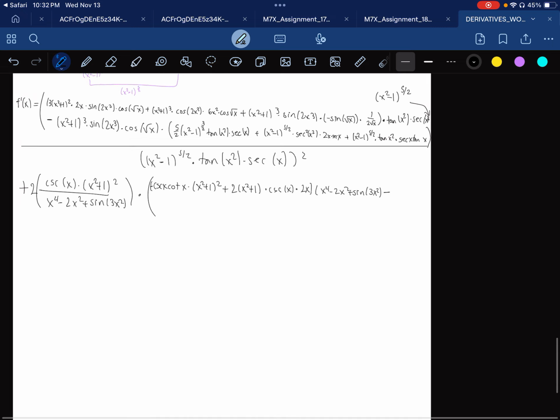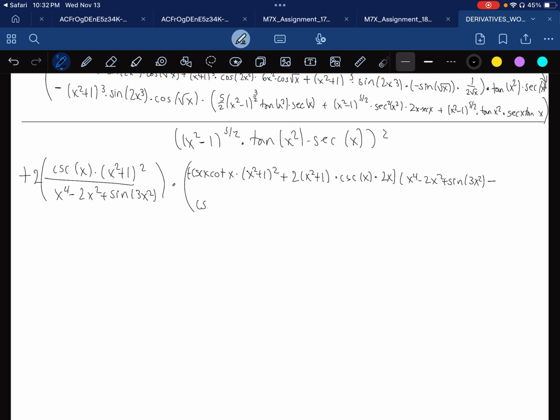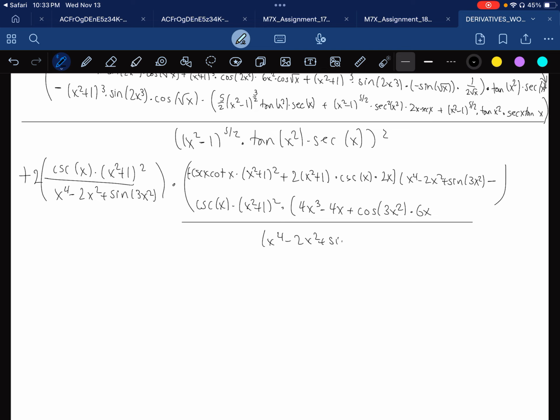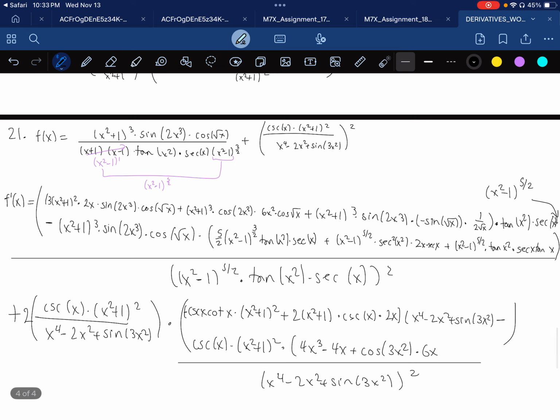Minus our numerator times the derivative of the denominator. Right. This one is a lot easier, thankfully. 6x. And all of this becomes over the denominator squared, squared, and hopefully that should be our answer.